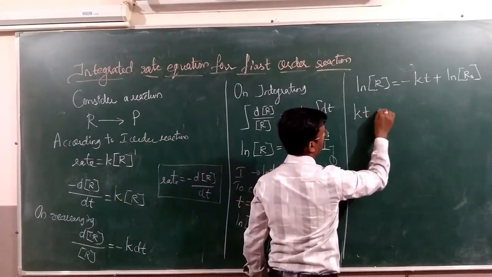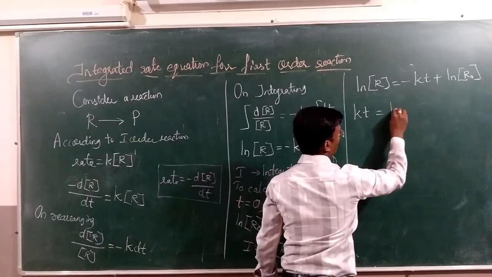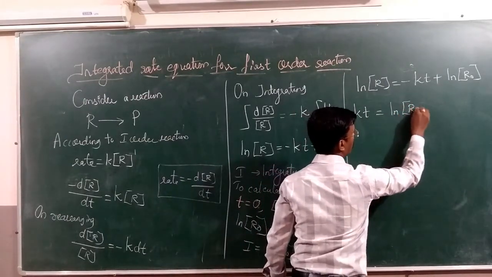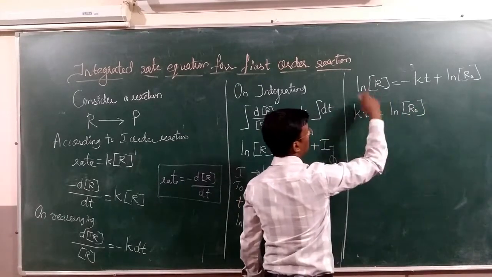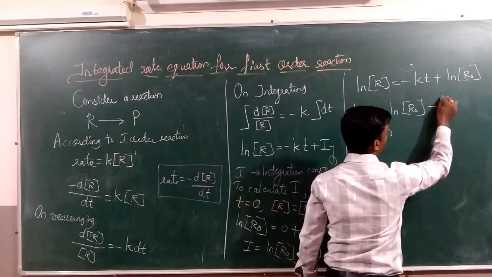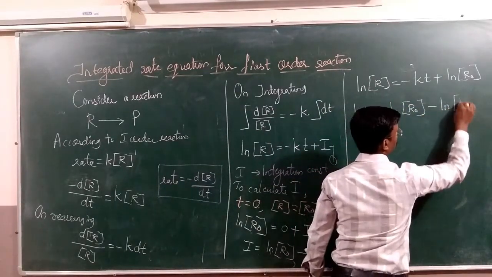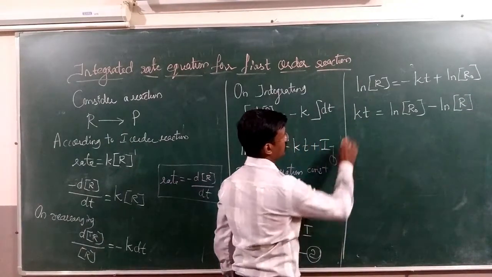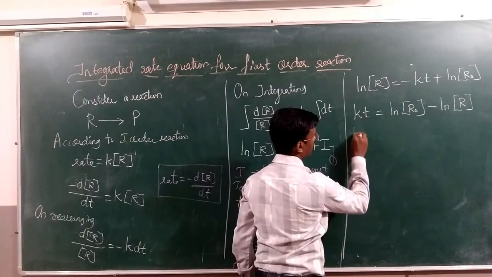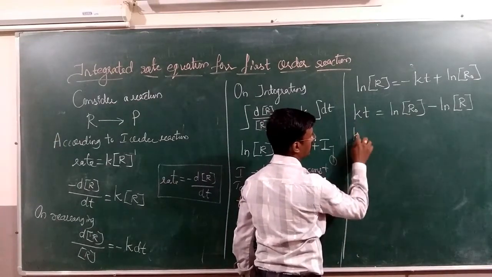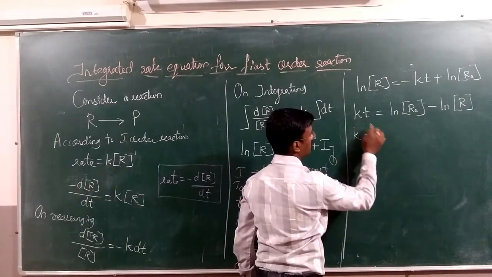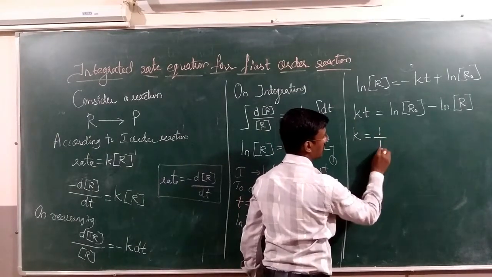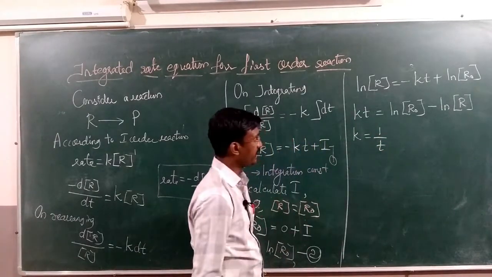K into t is equal to ln R0, minus ln R, when it moves to the right side, plus becomes minus. Here I am sending t to that side because I need the k value. K is, when it moves to the right side, it becomes divided by t, that is 1 by t.